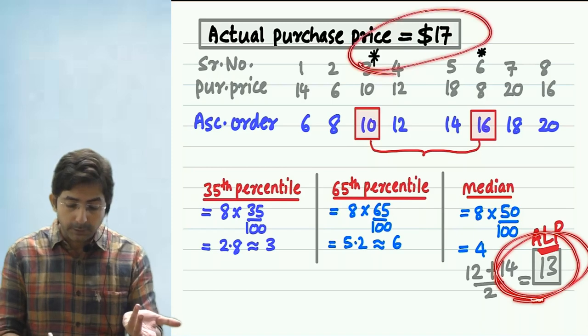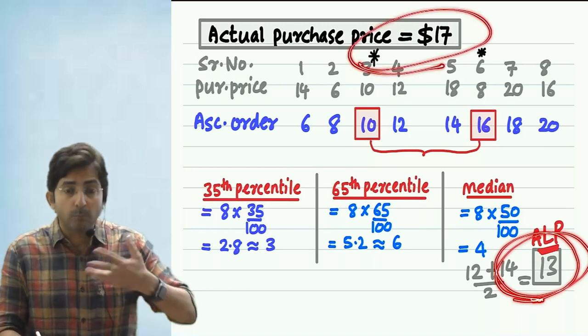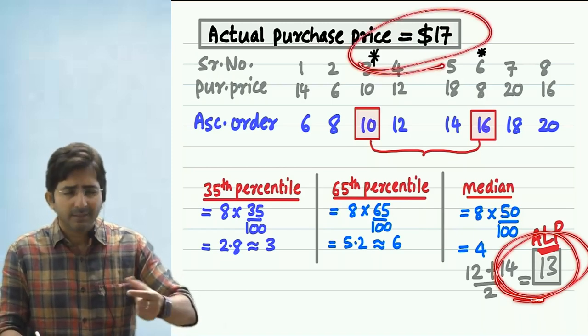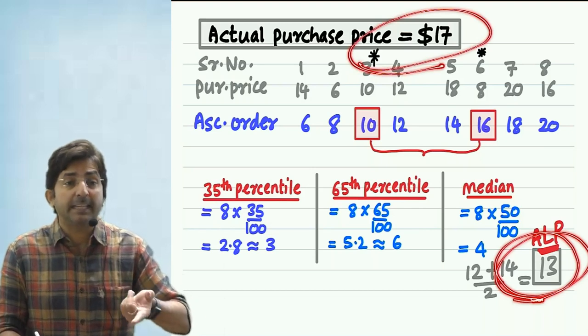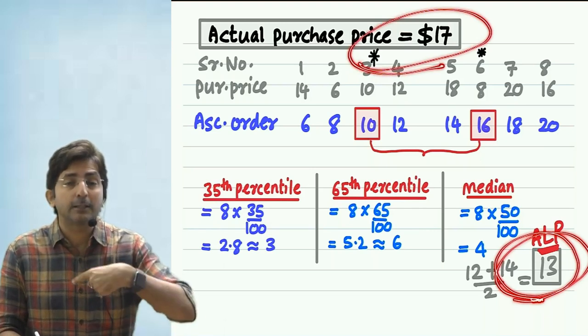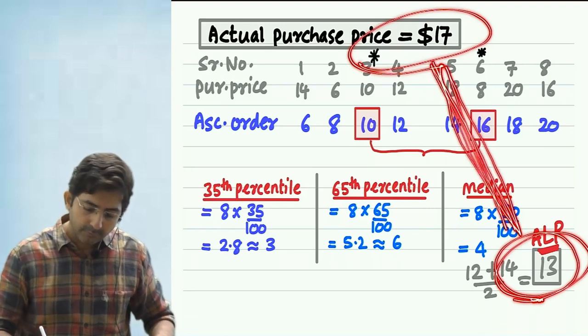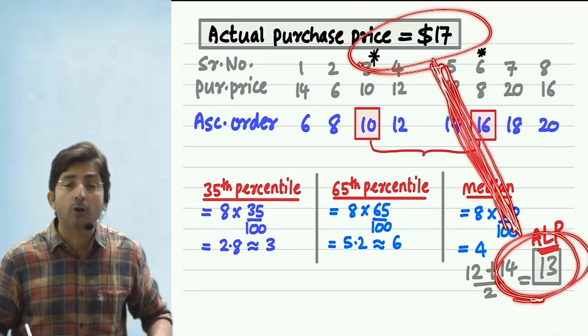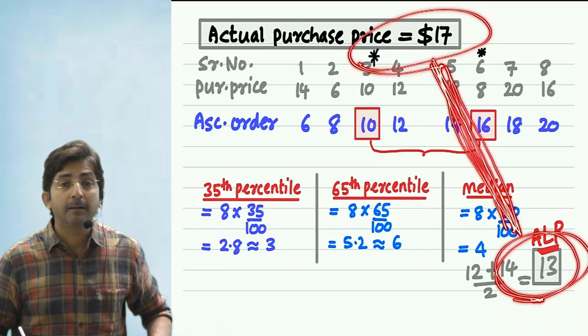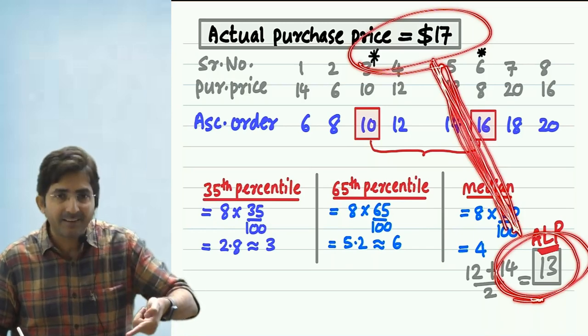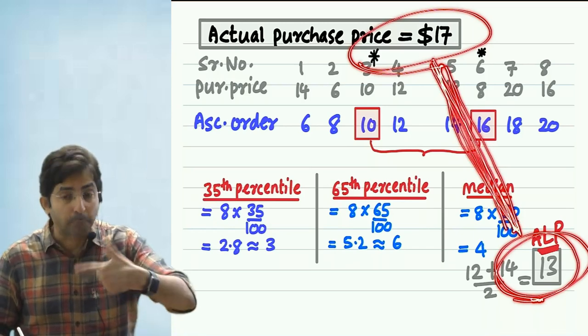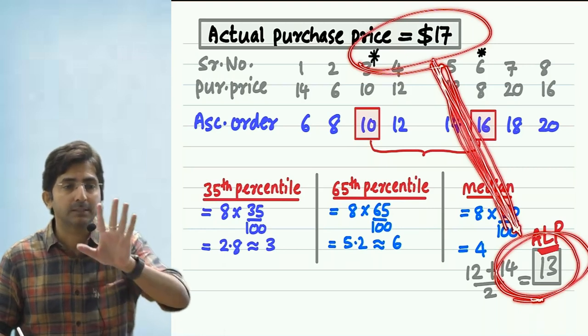But the associate has shown 17. Shown more expense, cheating. Hence the difference of, complete my sentence, $4 shall be added back to the net profit of the assessee.